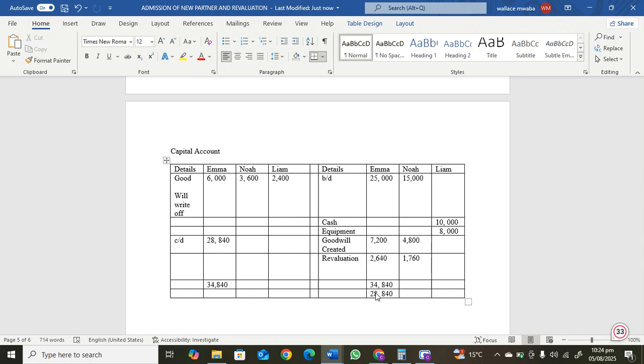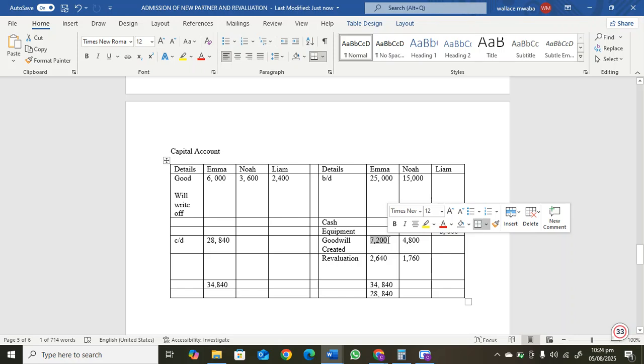Initially, Emma's account was 25,000. When you cancel out this 6,000 minus this 7,200, she's getting compensated 1,200 by Liam. She lost the goodwill, which Liam is going to compensate.